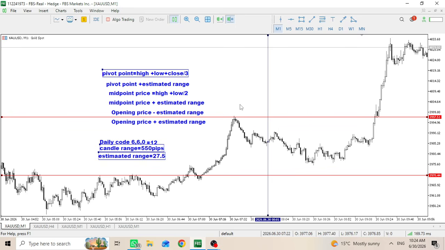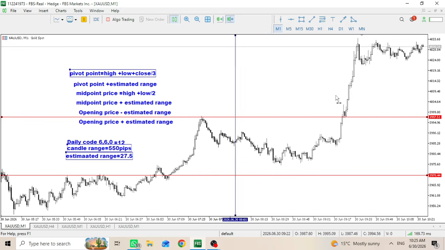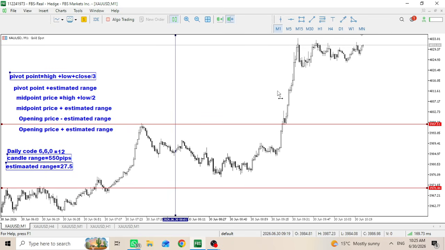Can you see how they are aligning? After it broke, this was now a breakout. This is a 4-hour candle breakout on the 1 minute time frame, and it is also the midpoint price plus its estimated range breakout, and then the market just bombed.